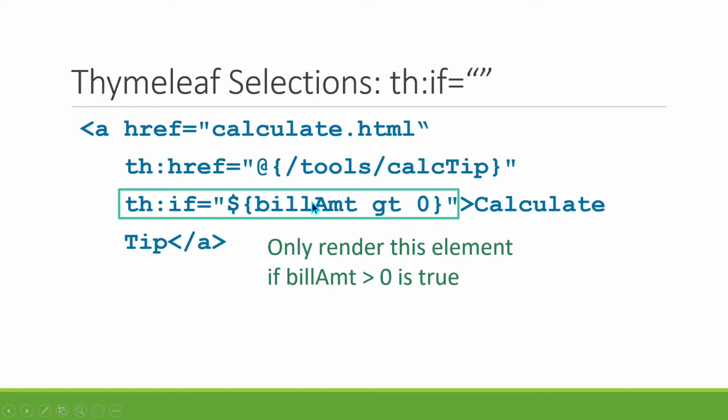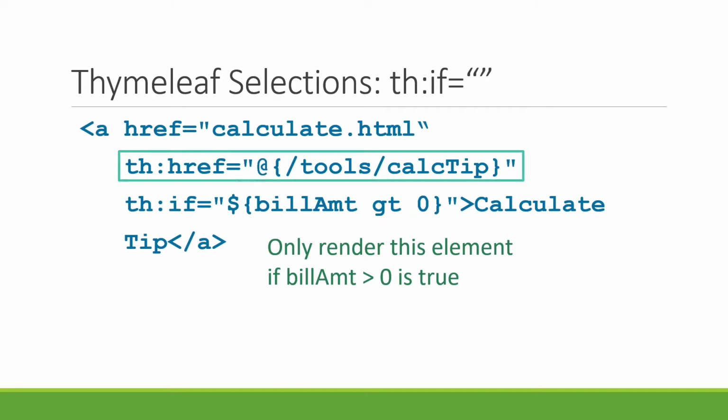If bill amount, whatever that is, a model attribute probably, if bill amount is greater than 0, if that's true, then it will render the entire tag, the entire element. But if bill amount greater than 0 is not true, none of this is rendered at all. It does not appear in the browser. It doesn't appear in the source at all. It's just not rendered. It's just not there. Now note that I use th:href with a URL expression, and I've also included the fallback href as well, which again, that's pretty standard.